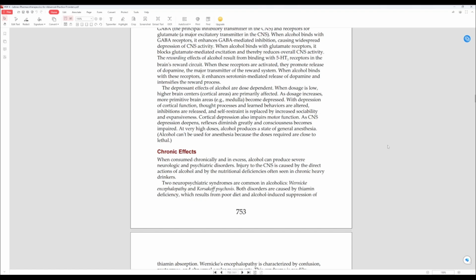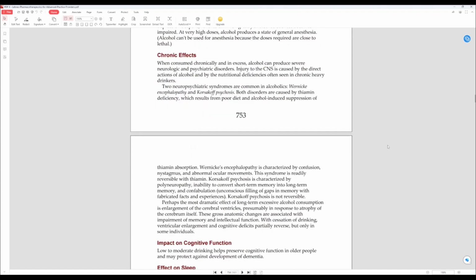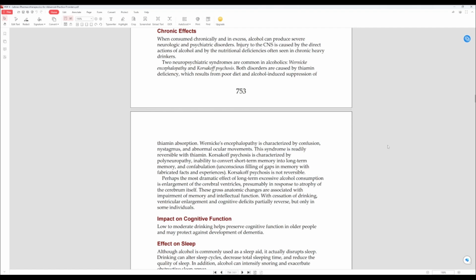So, its chronic effects. When consumed chronically and in excess, alcohol can produce severe neurologic and psychiatric disorders. Injury to the CNS is caused by the direct actions of alcohol and by the nutritional deficiencies often seen in chronic heavy drinkers.